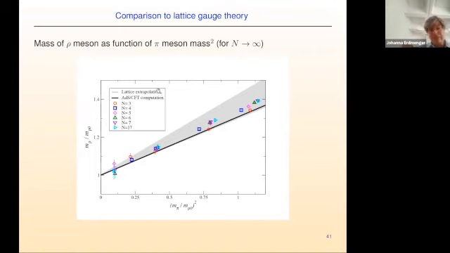But the lattice gauge theorists, they can extrapolate. So using this increase of N, they can really extrapolate to infinity. And what they say is that their results, for any value of N going up to infinity, will be placed in this gray region.